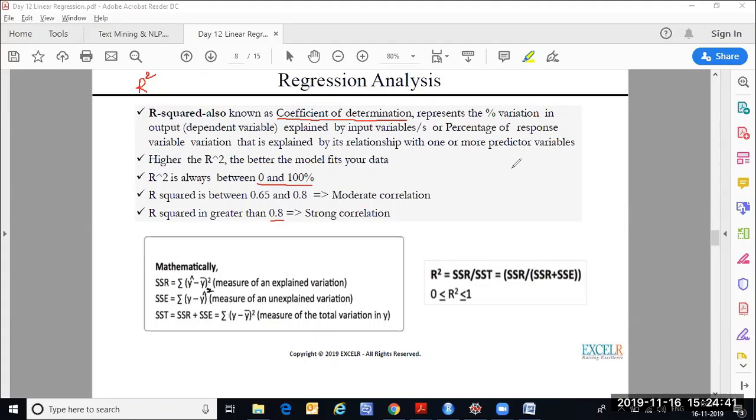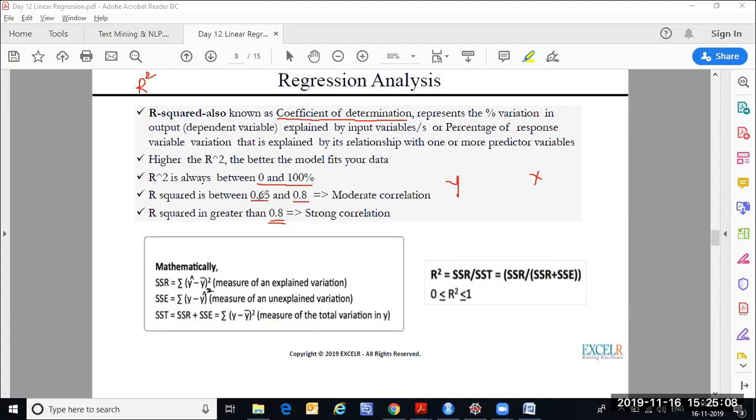That means your X values are helping predict the Y value to this level of accuracy. If the R squared value is between 0.65 and 0.8, then you call that a moderate correlation.